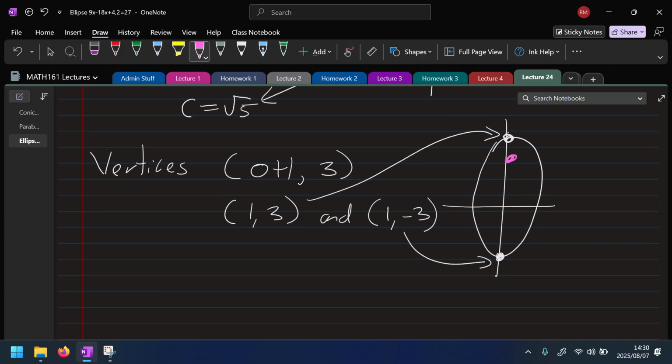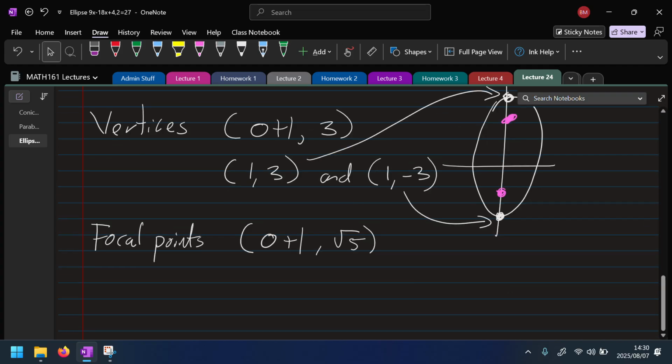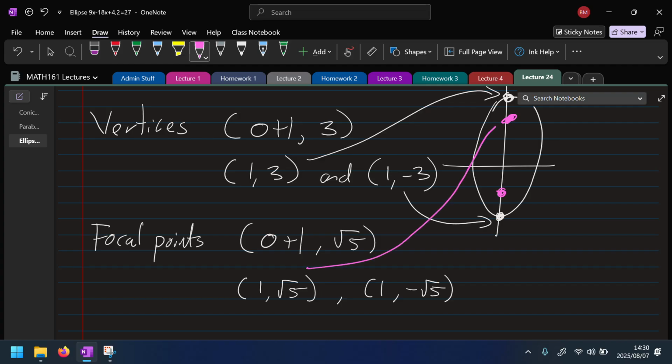They will be somewhere in between. Same as before, it will be 0, root 5, but it's shifted to the right by 1, so we have to put a +1. So we end up with 1, root 5 for the top one, and 1, minus root 5 for the bottom one. That gives us our top and bottom focal points.